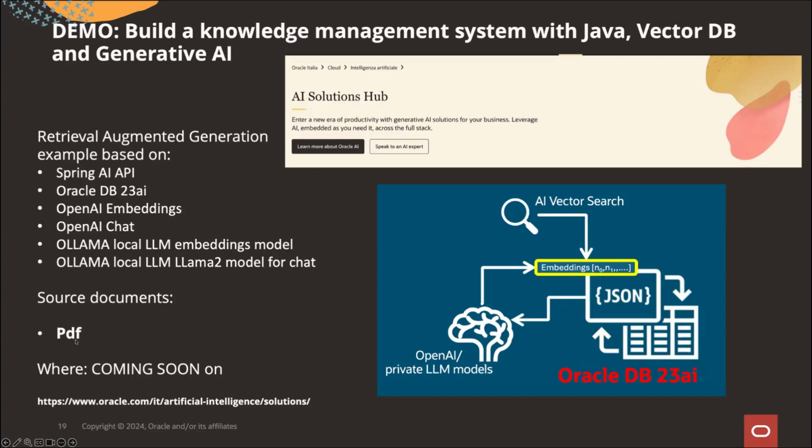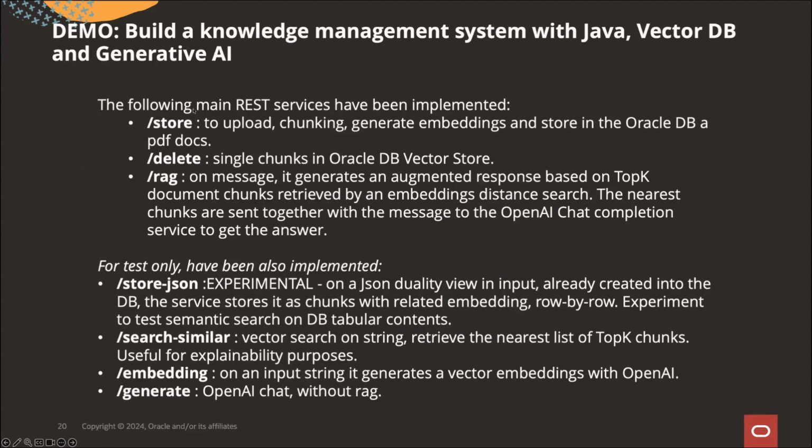Using PDFs as sources, let me show the list of endpoints that I have developed and will provide through this demo. First of all, the store, a way to store a PDF that will be provided with a POST request. Delete, and the RAG.